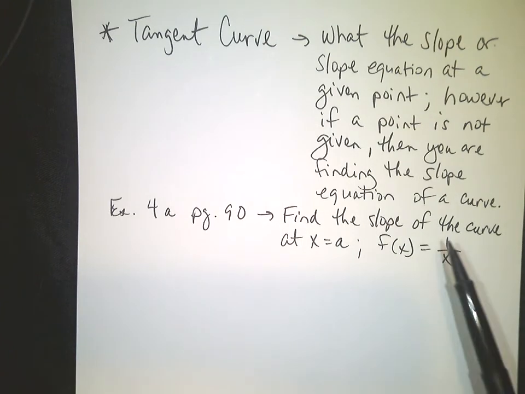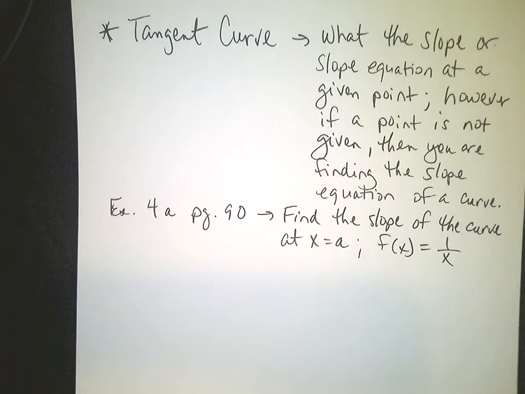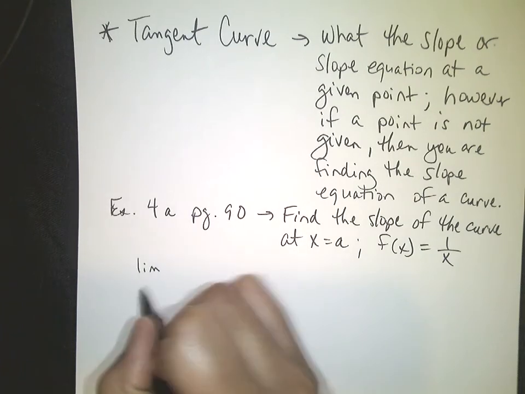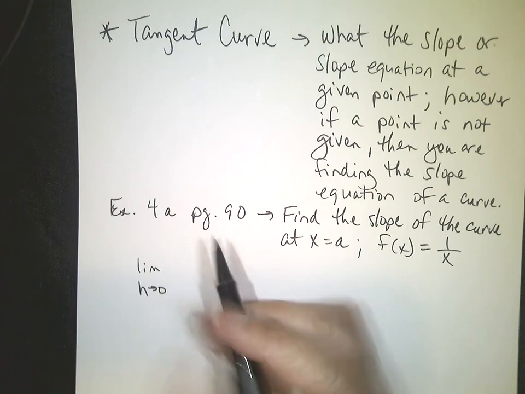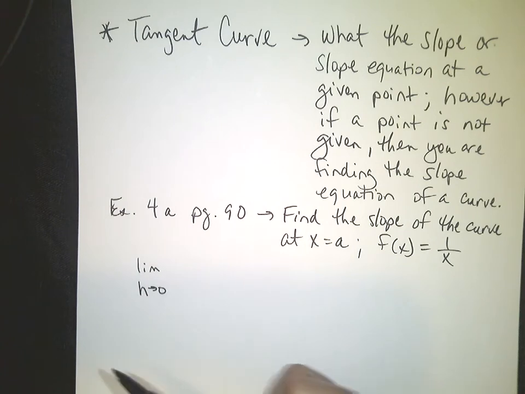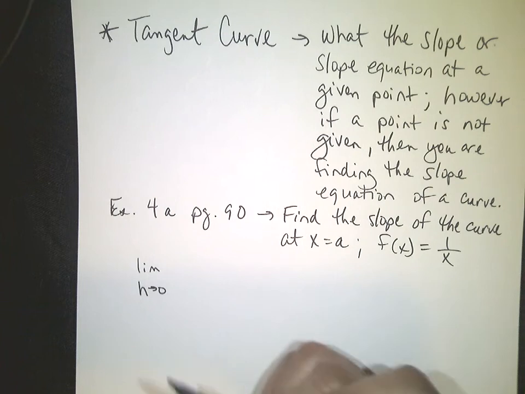So we're going to use the difference quotient, and that is the limit as h approaches 0, which is what most of you forgot when we did our entrance ticket.